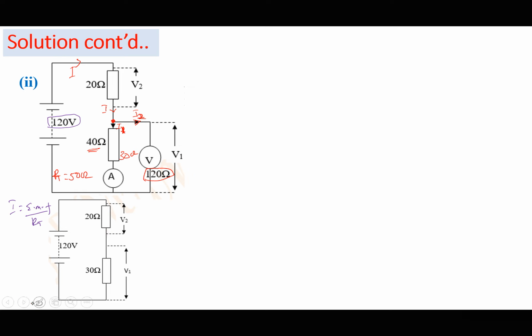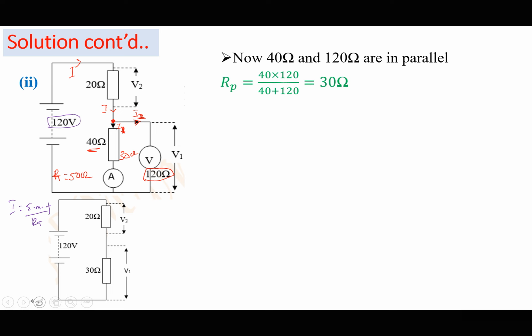I'm saying that now the 40 ohms and the 120 ohm resistance of the voltmeter are in parallel. Even before, they were in parallel, only that for the voltmeter it was infinitely high, so no current goes through it. But now that it is not as high as it was in the first part, some current goes through it.